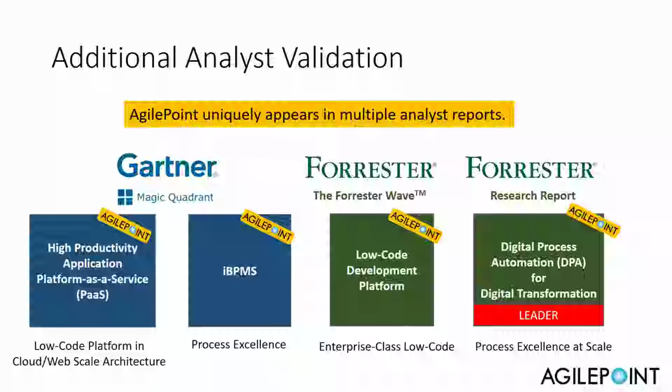We've talked about process excellence at scale, the ability to quickly and easily spin up a process to meet any business need, how we can replace C# or Java-based development as a low-code platform, and handle the complex and long-running BPM-type use cases. So what I'd like you to take away from this slide here is the versatility, right? The power of AgilePoint's platform to address every business need that you might come across in your organization.